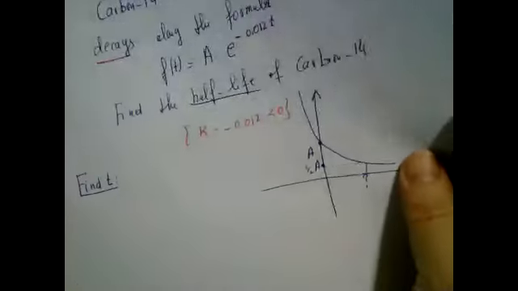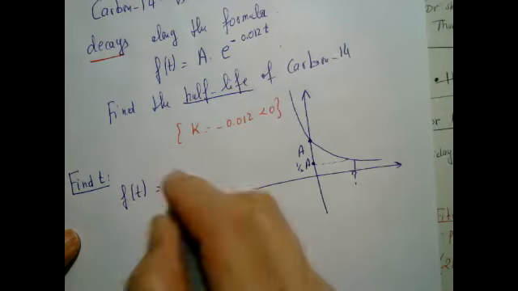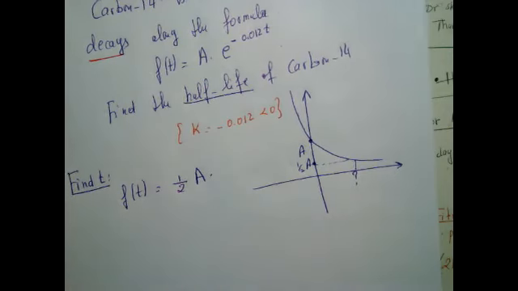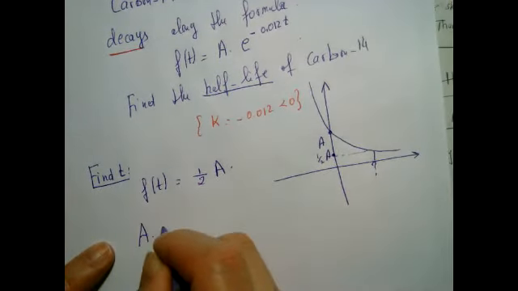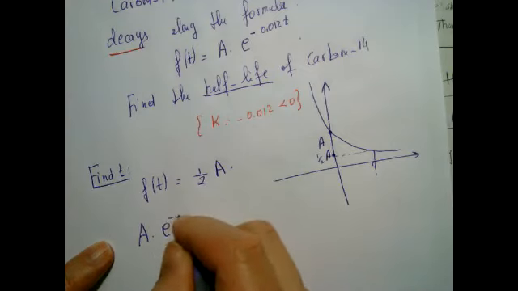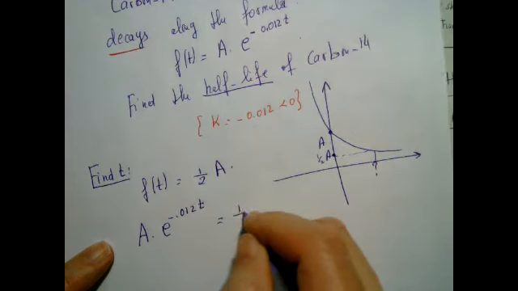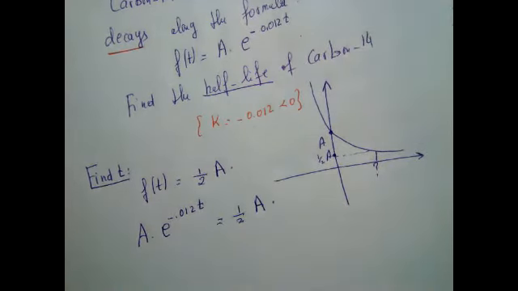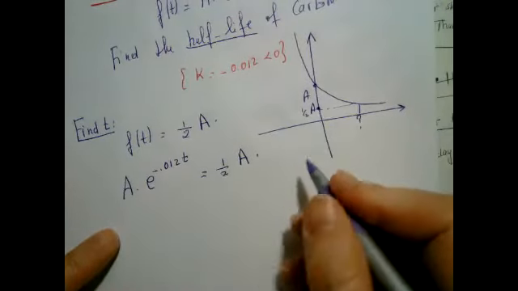such that f of t is half of a. That's for half-life, half of its original value. It means a times e to the minus 0.012t equals half of a. So we're trying to work with that. So let us divide by a.